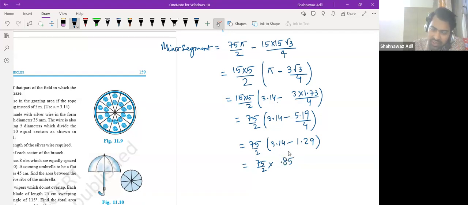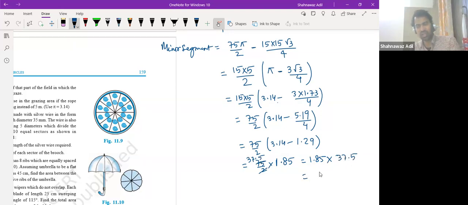So that is why this chapter would be lengthy. We have to calculate some things. So this is 1.85 into how much? 37.5 into 1.85.